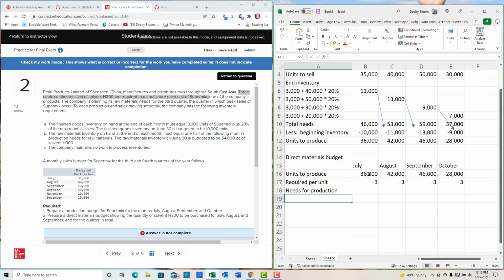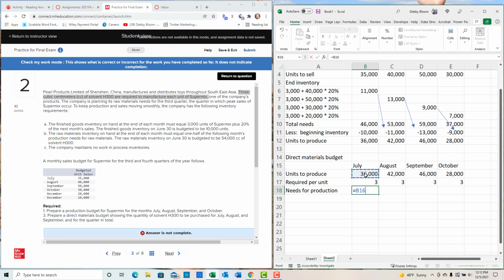So once again, if we want to produce 36,000 units of supermix and 3 cubic centimeters of the solvent are required for each unit, we have to multiply them to get to our total needs of production.